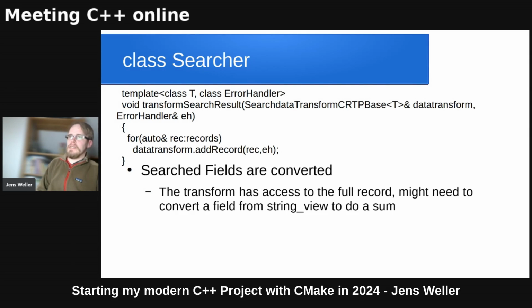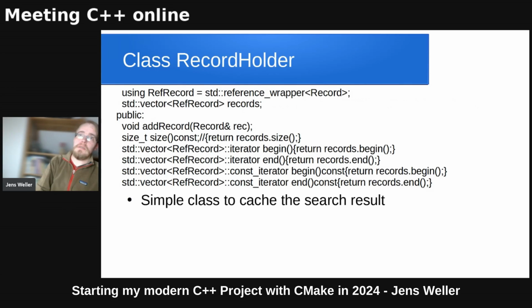The transform has access to the full record. And as I mentioned, it might need to convert the field from a string view to a number or other things, because they were not touched in the actual use case for the search. The record holder at the moment does not copy the record, as the record itself uses a string view, so copying the record doesn't really make sense.